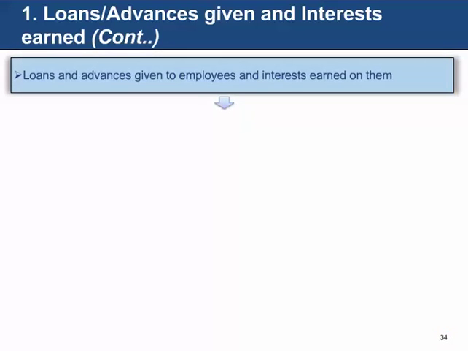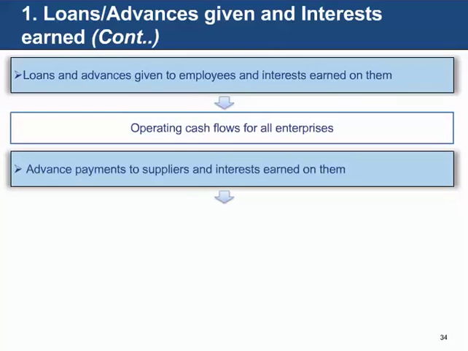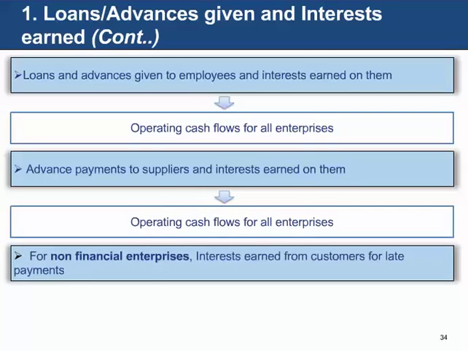Similarly, loans and advances given to employees and interest earned on them are operating cash flows for all enterprises. Advance payments to suppliers and interest earned on them are again operating cash flows for all enterprises. For non-financial enterprises, interest earned from customers for late payments is again operating cash flows.